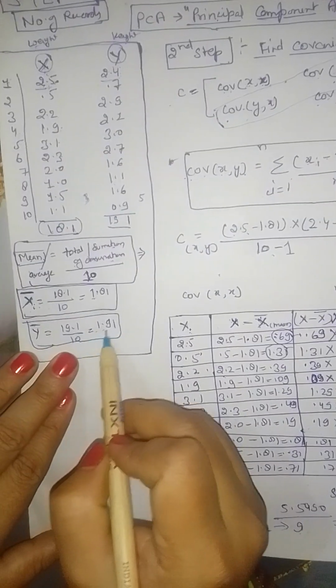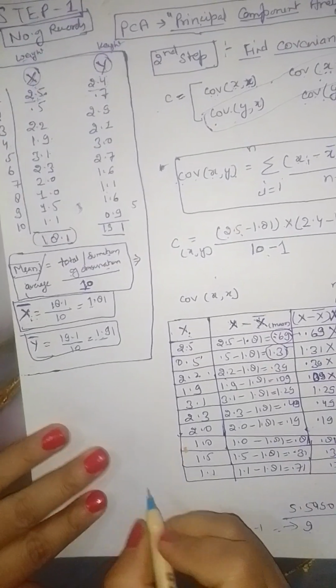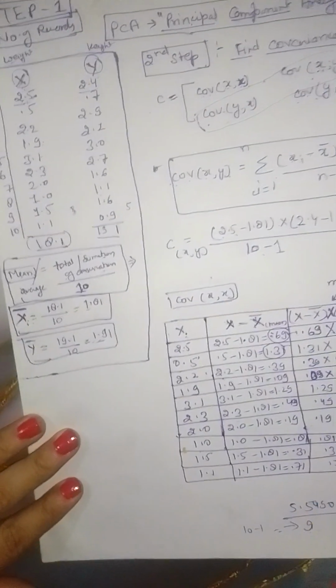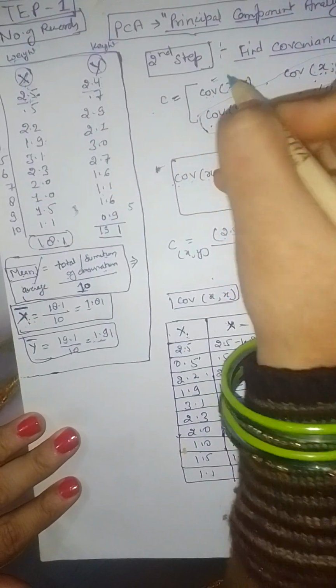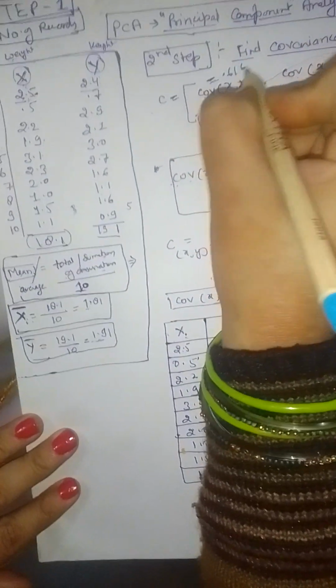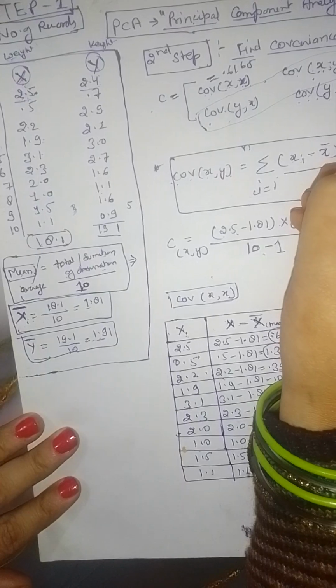Y bar we have calculated as 1.91. This way we will calculate the covariance of y also. So the covariance of xx, if we put the value here, came as 0.6165. Fine. We have to calculate the covariance of yy now.